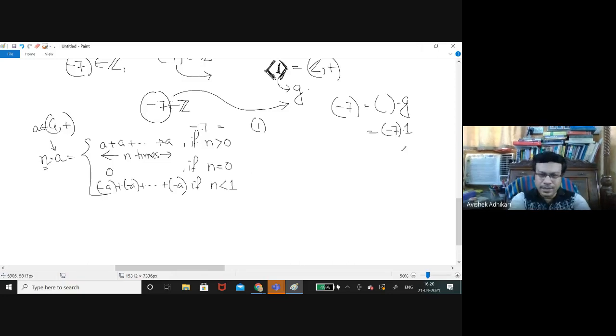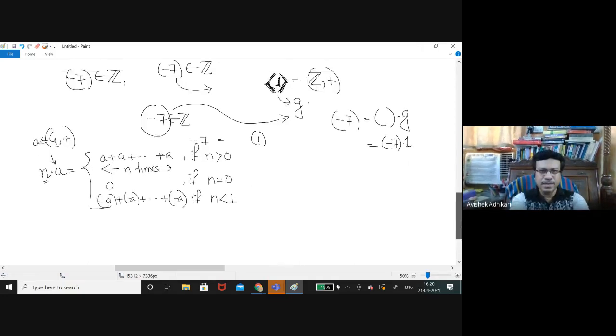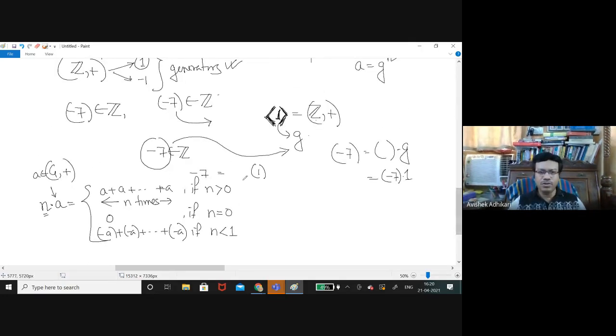What you told initially was perfectly correct, but I just want to make sure that it does not mean 1 plus 1 plus 1, minus 7 times. This representation actually means that if n is negative, then you take minus A. How many times?